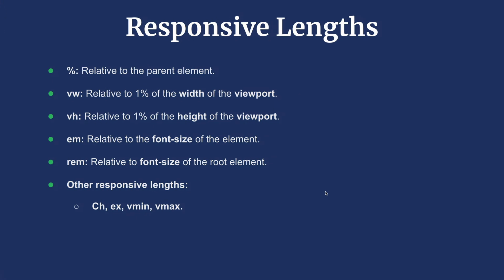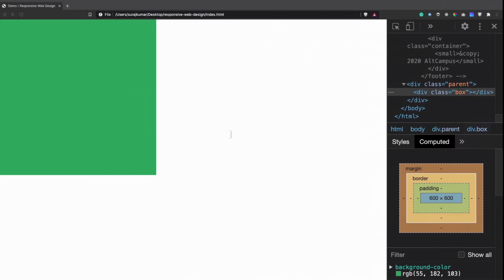Okay, and thereafter, after the em and rem, there are other responsive lengths also. For example, ch is relative to width of the 0. We have ex, which is relative to the x height of the current font. Thereafter we have vmin, vmax. Vmin is relative to 1% of the viewport smaller dimension. For example, this is the viewport height and this is the viewport width.